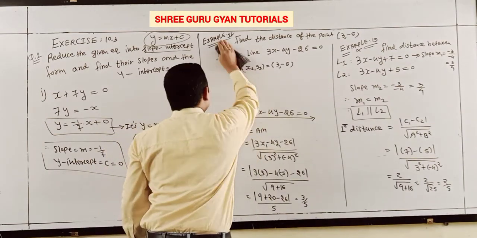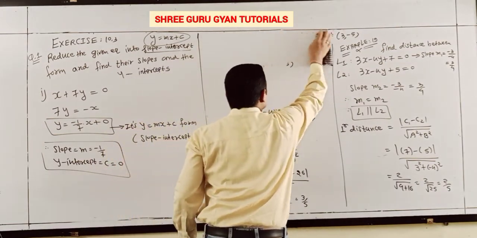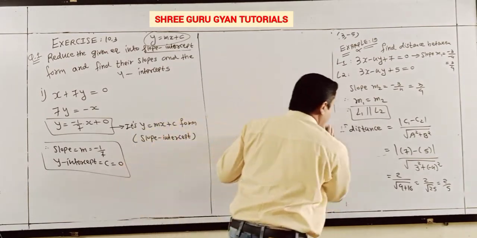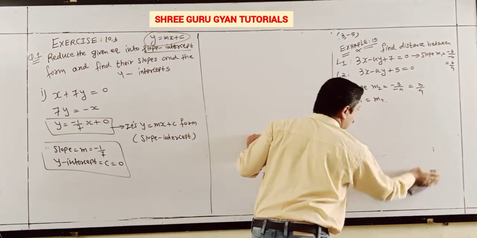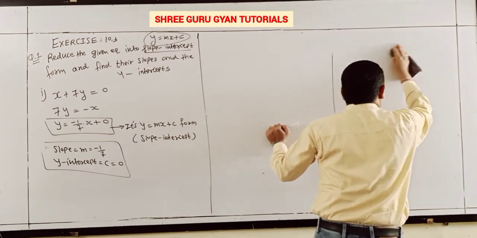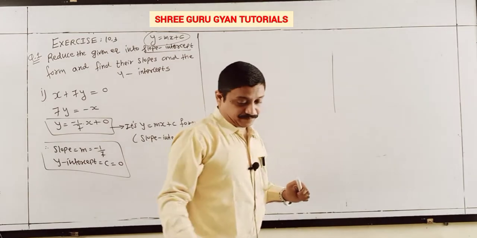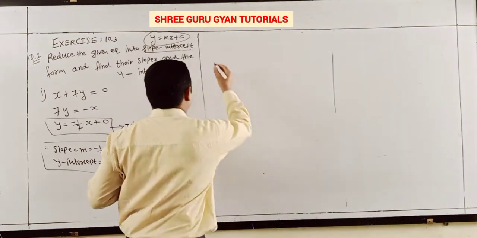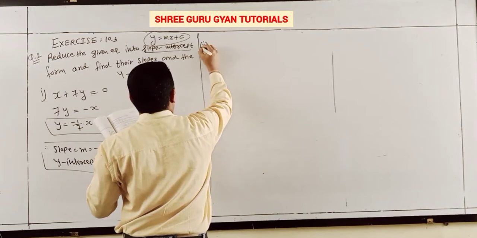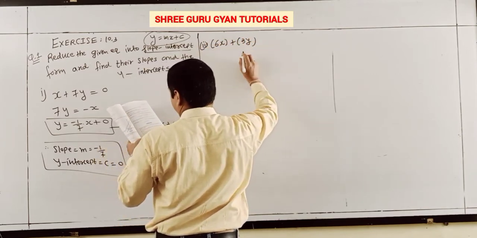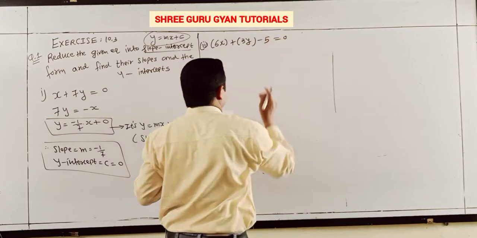Now I move ahead. There are three questions given in your textbook, so I explain them one by one. Now the second question: 6x plus 3y minus 5 equals 0.